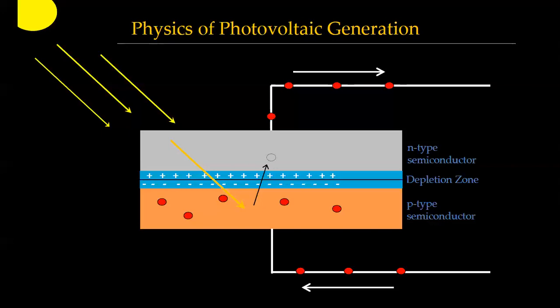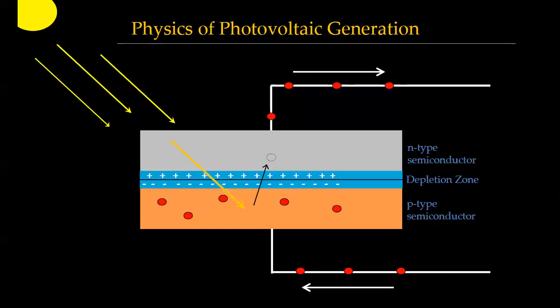The solar cell or PV cell consists of a silicon semiconductor material with one N-type semiconductor and one P-type semiconductor joined together to form a PN junction. When the N-type and P-type semiconductors are joined together, a depletion region is formed.